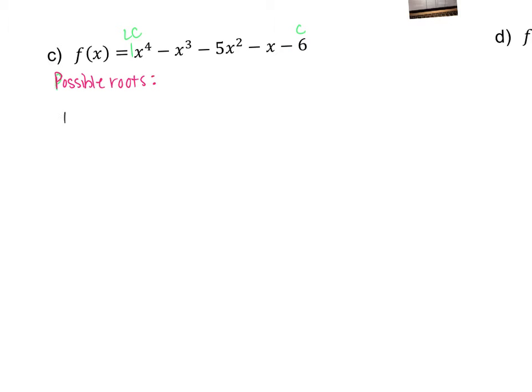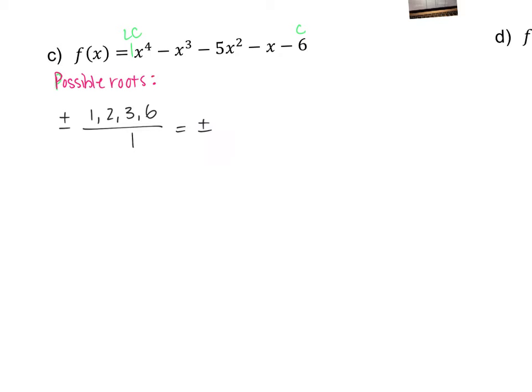So thinking about my factors here, the top will always be the factors of your constant. So factors of 6 are 1, 2, 3, and 6. 2 times 3 is 6, 1 times 6 is 6. So these are the factors of 6, and then factors of 1 is just 1.